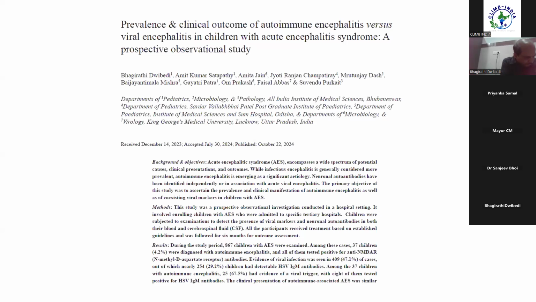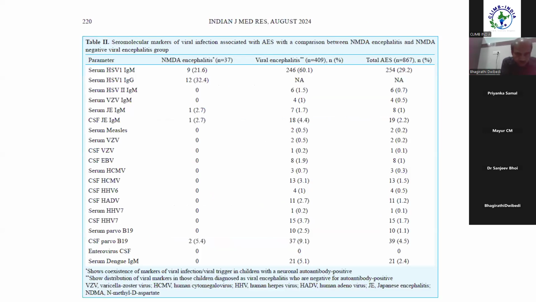Other antibodies were not seen, and 25 had a viral trigger also. That means out of all these cases having autoantibody, which we diagnose as autoimmune encephalitis, we have seen a viral trigger in 67% of these cases. Viral trigger means especially HSV infection in the form of a raised titer. Next slide.